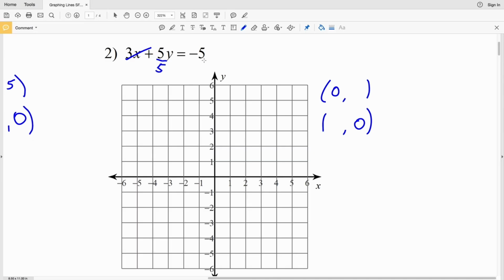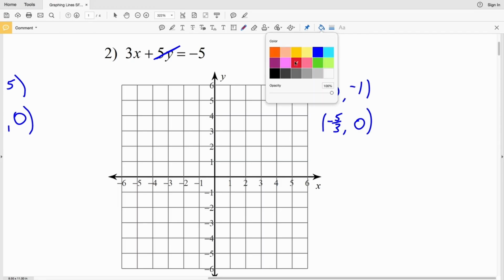We just divide both sides by 5 to get that y is equal to -1. So when x is 0, y equals -1. Now let's solve for when y is 0. 5 times 0 is 0, so we're left with 3x equals -5. We'll divide both sides by 3 to get that x equals -5/3.